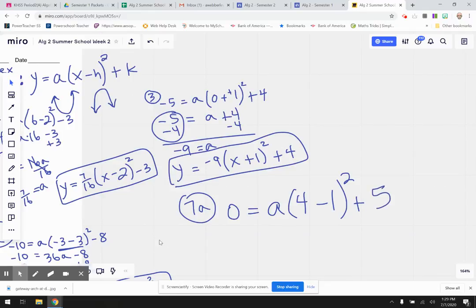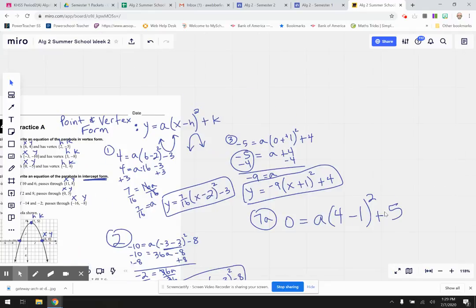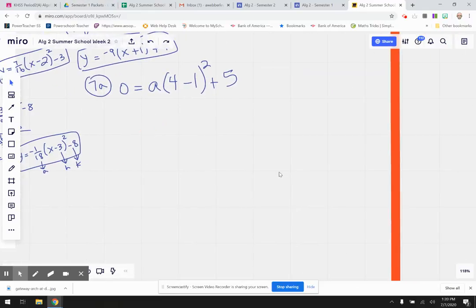And now we can solve for it. Should be a quick one since we got a 0 there. Okay, so 0 equals 4 minus 1 is 3. 3 squared is 9. So 9a plus 5. Subtracting 5 gives us negative 5 equals 9a.